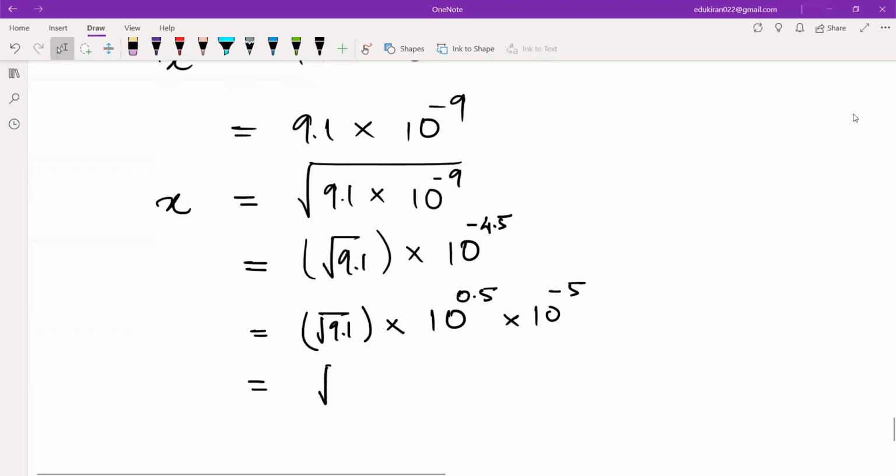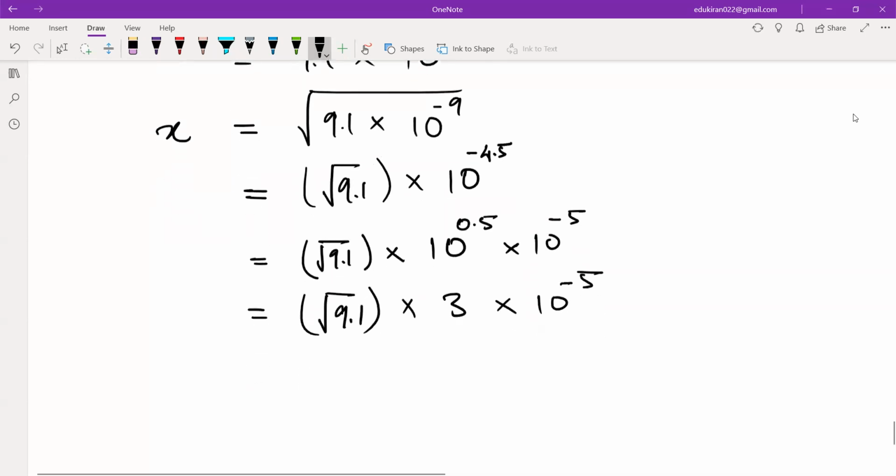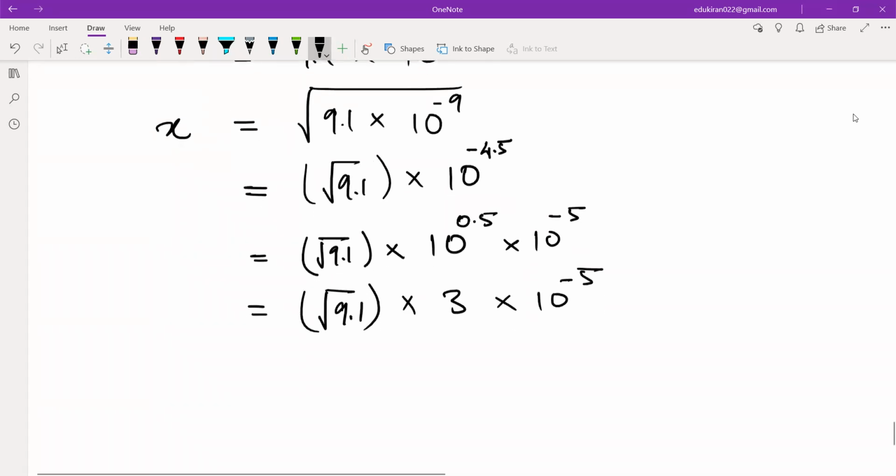And we also know 10 to the power 0.5 is equal to 3, since log 3 is 0.5. So it is equal to 3 into 10 to the power minus 5. Yes or no? Yes, sir. Now we have to look at the root of 9.1.